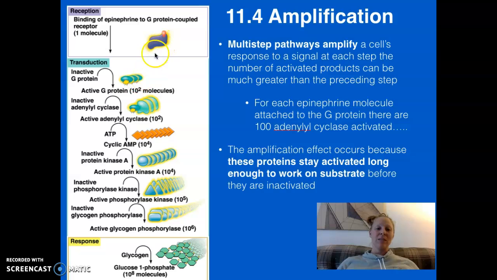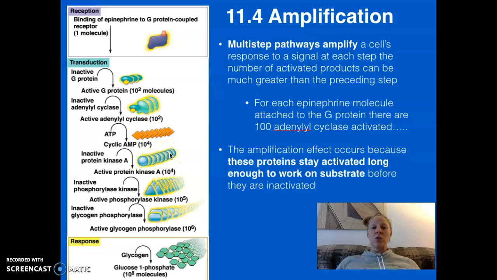Here we have a signaling protein that is going to activate our G protein, and the G protein can activate up to 100 adenylyl cyclase molecules, and then each adenylyl cyclase can activate many cyclic AMP, and each cyclic AMP can activate many kinases.